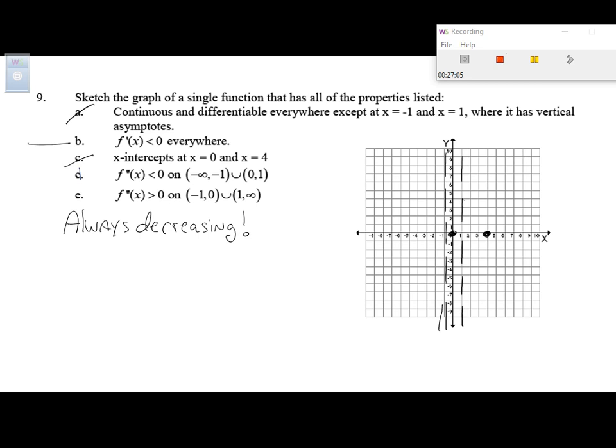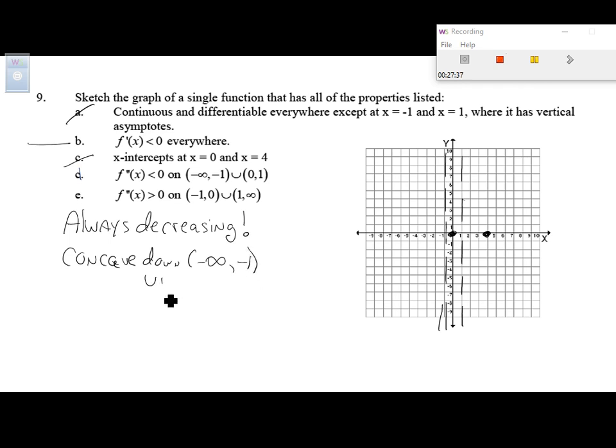Now, I'm going to write D and E together so that you can kind of see where we're going. It says f double prime is less than 0. So that means it's concave down. So I'm going to put this in order for you. I'm going to be concave down from -infinity to -1.